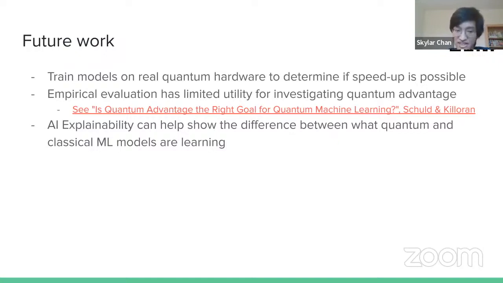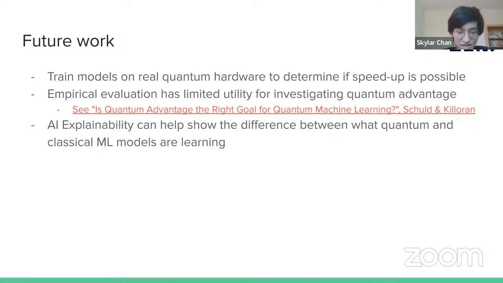And another factor is that typically evaluating classical algorithms is through empirical studies, whereas evaluating quantum machine learning algorithms is done through theoretical results. And reconciling the two together is still an ongoing task.